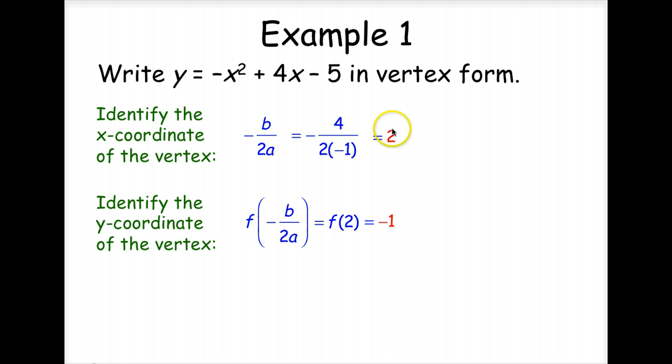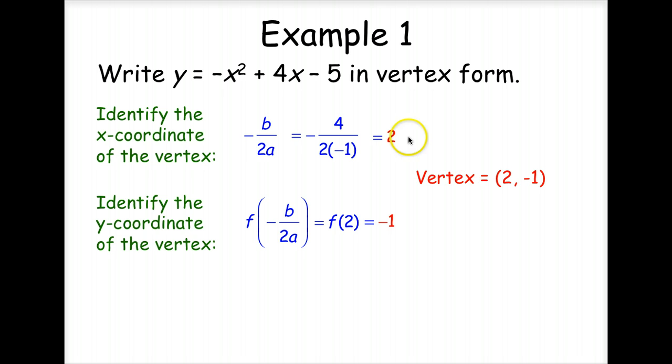Now that we found the x coordinate of the vertex, we simply substitute it in, which is that right there, into our equation. So negative, or the opposite of 2 squared, plus 4 times 2 minus 5. The opposite of 4 plus 8, so that's going to be a +4 minus 5 is going to be a -1.